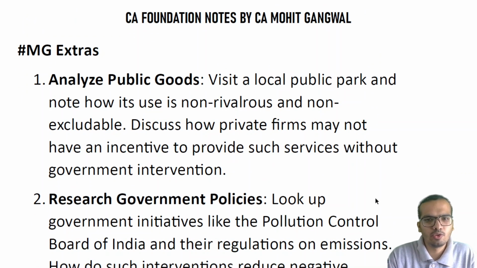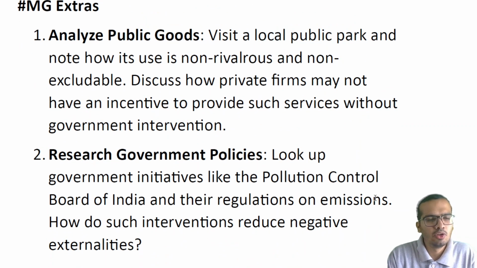Now we come to the end of the topic where we have MG extras, where we try to analyze and understand some of the concepts of this chapter in a practical manner using the above activities. So first MG extra is analyze public goods. Visit a local public park and note how it is non-rivalrous and non-excludable.